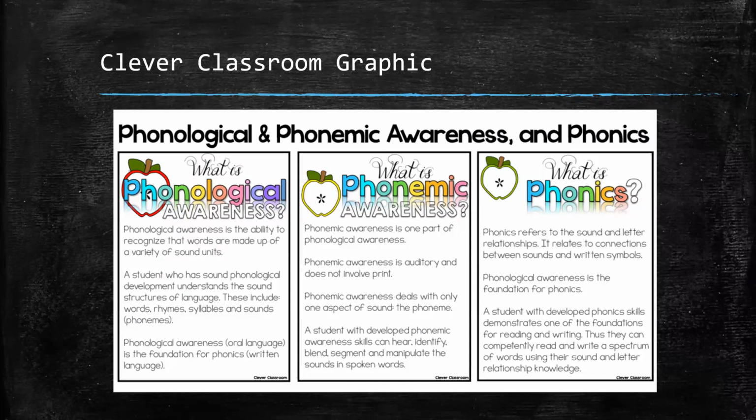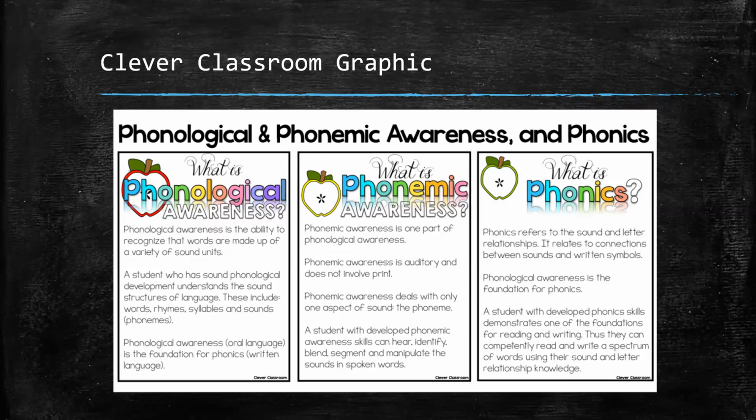So phonological awareness is the ability to recognize that words are made up of a variety of sound units. A student with phonological development understands the sounds and the structures of language. That might include being able to rhyme, identify syllables, and identify the sounds, or phonemes.